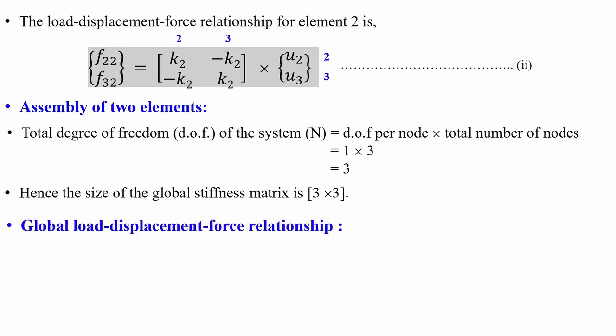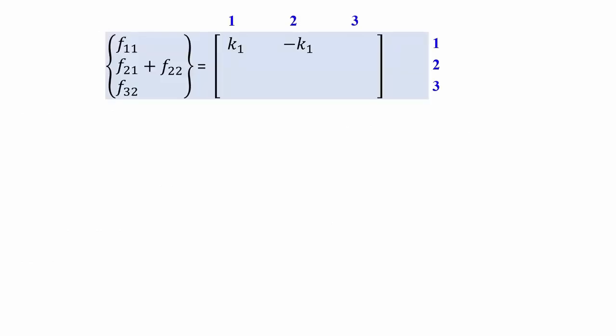Let us now write the global load and displacement force relationship. Adding matrix equations 1 and 2, we have F11. Then for node 2 we have two forces, F21 and F22. And for node 3 we have a single force, F32.